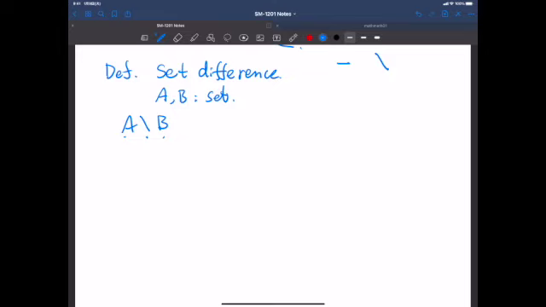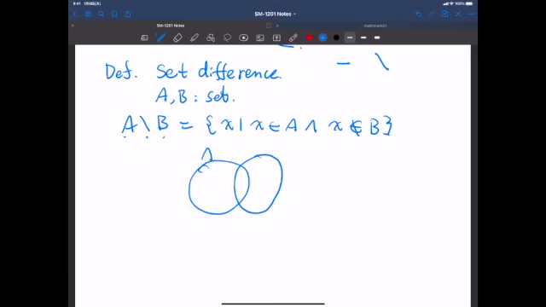A set minus B is defined as the set of elements which belong to A and do not belong to B. Intuitively, if we have two sets like this, A and B, this set difference means the part belonging to A but not B. So it means this part.